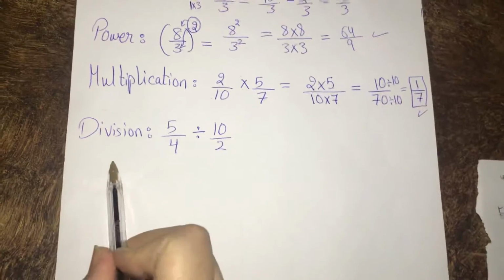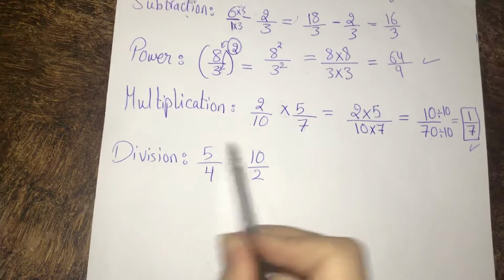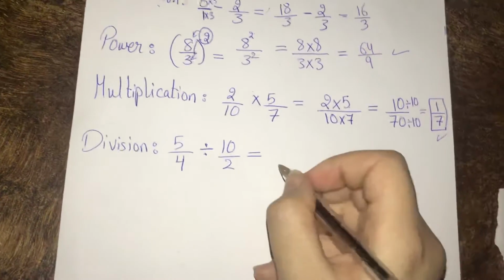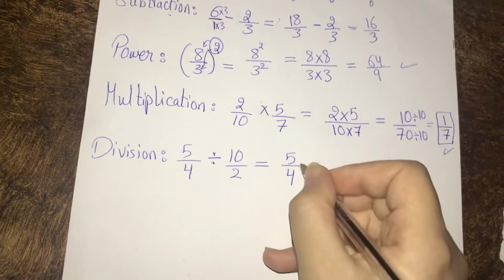What about division? Division, this is the simplest example: 5/4 divided by 10/2. So what's the result? 5/4 remains constant, okay?